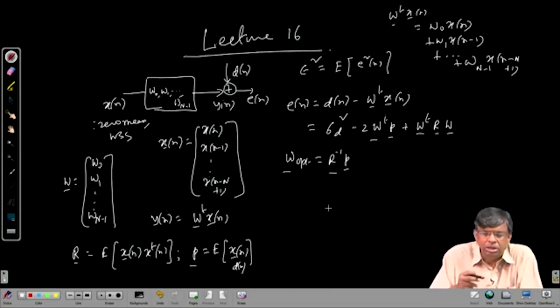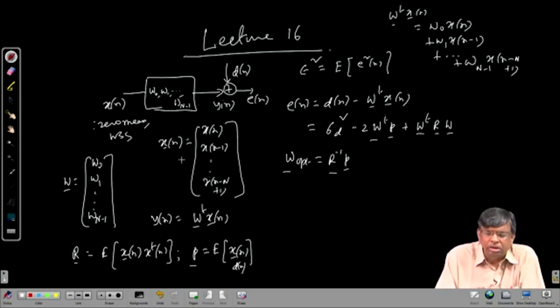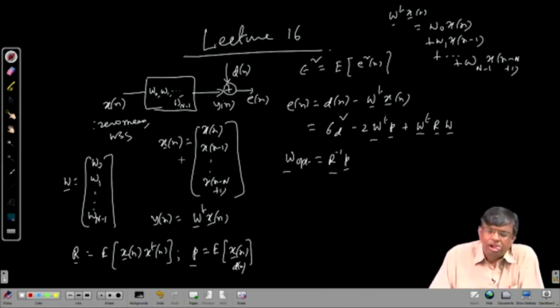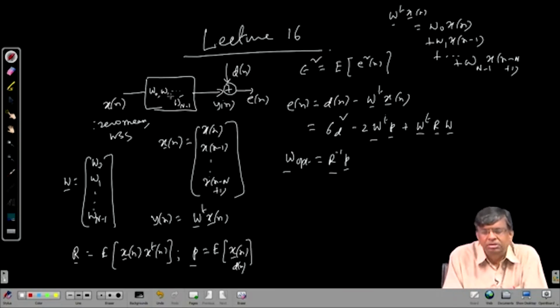But you cannot go on disbanding the circuit manually and then again recalculate and reconstruct the circuit and use it for a while; that is impractical. So, we look for a filter which will learn from the incoming input, learn the changes in R and P, and will adjust the filter coefficients iteratively, that is clock cycle after clock cycle.